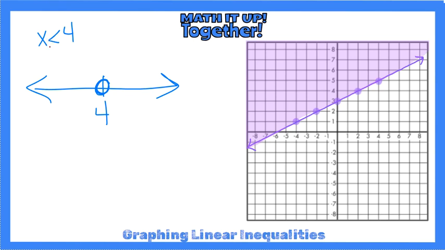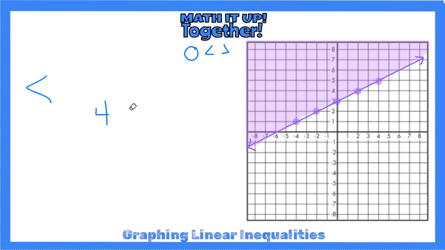X isn't also equal to 4, it is just greater or less than 4 in this case, one or the other. So we would graph this, x is everything that is less than 4, and it would look like this. Okay, and the same thing, if it were greater than, we would use that open circle. So in graphing lines, we use an open circle for less than and greater than.